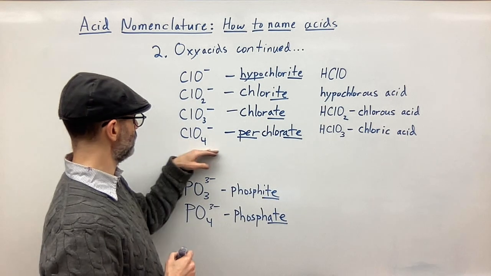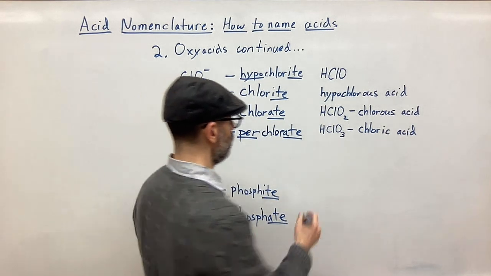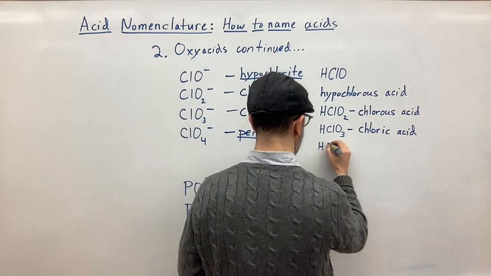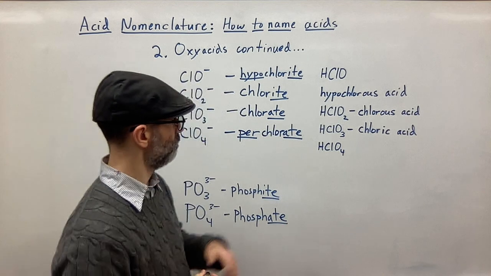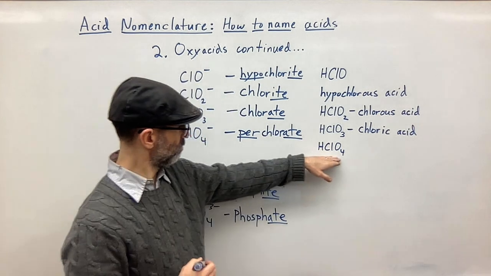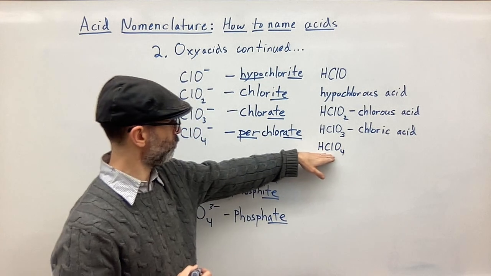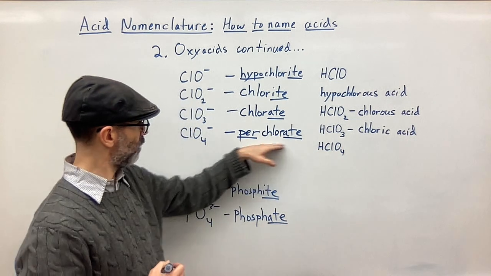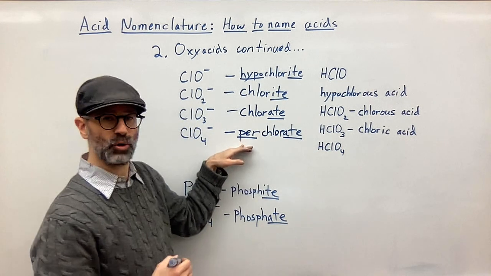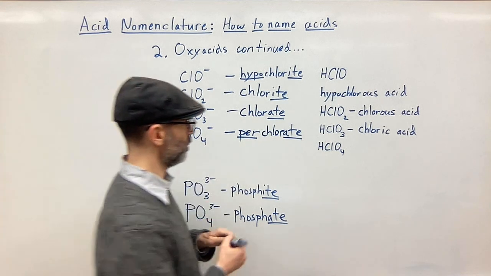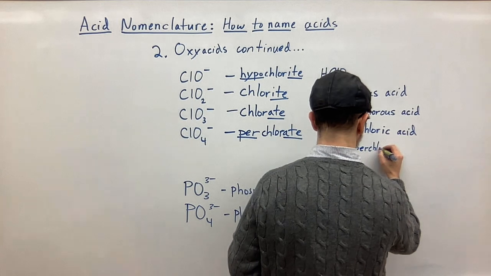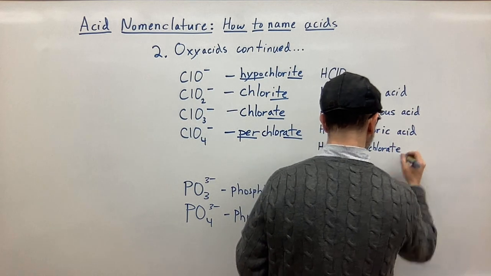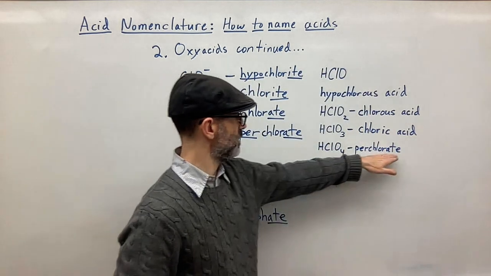And then finally, ClO4. If I have HClO4 for my acid, again, I'm going to take the ClO4 part of it. I recognize, oh, that's my perchlorate ion. So I'm going to start with that. Perchlorate ends in ATE.